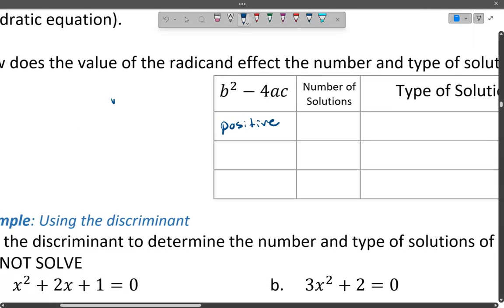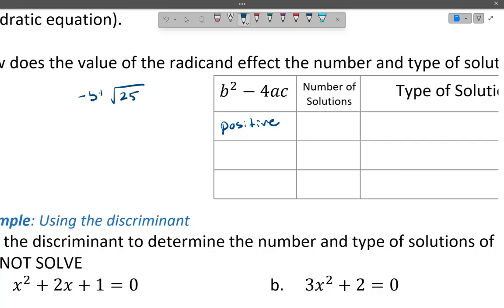If I have something like the square root of 25 as my radicand, negative b plus or minus the square root of 25 over 2a, or if I had something like negative b plus or minus the square root of 20 over 2a. So my radicand for both of these cases is positive. Well, that means I can actually take the square root of this one on the left. So I have negative b plus or minus 5 over 2a, and whatever b and a are, I can actually go ahead and evaluate those.